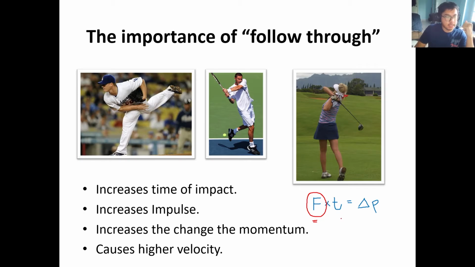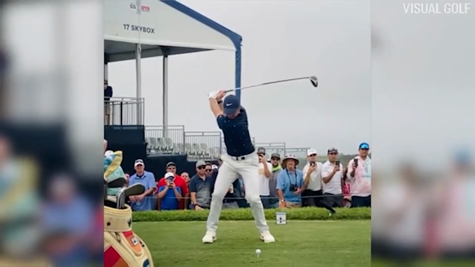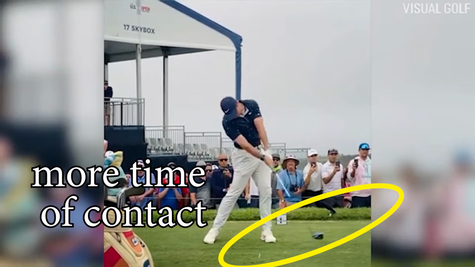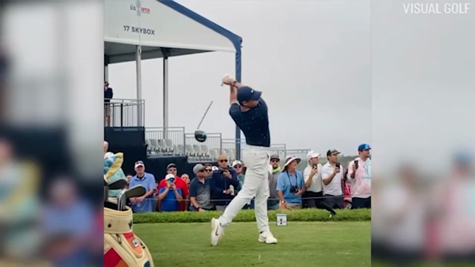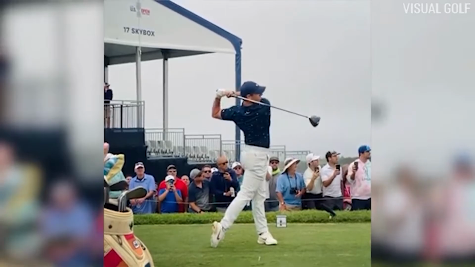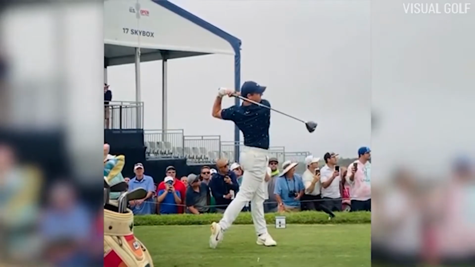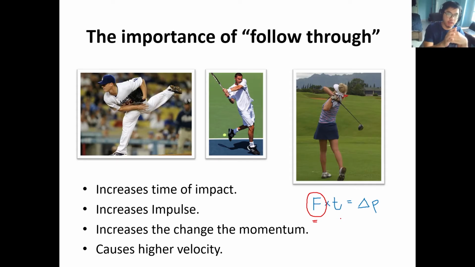It's just a matter of if they follow through with their action, they are increasing the time of contact between their tennis racket and the ball, or their foot and the ball, or the hand with the ball, whatever it is. So if you increase the time of contact, what does that do in this equation?